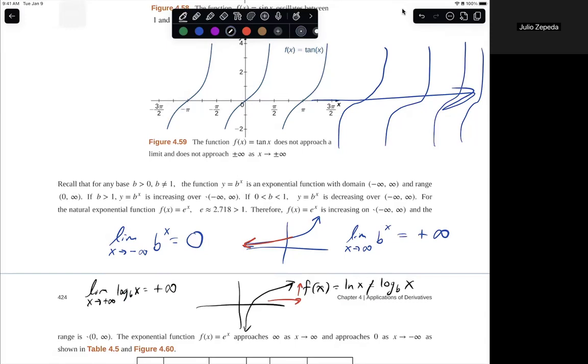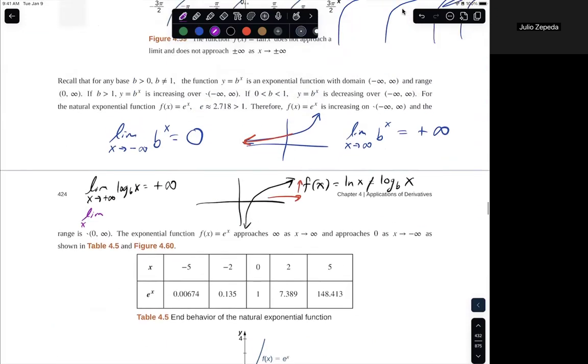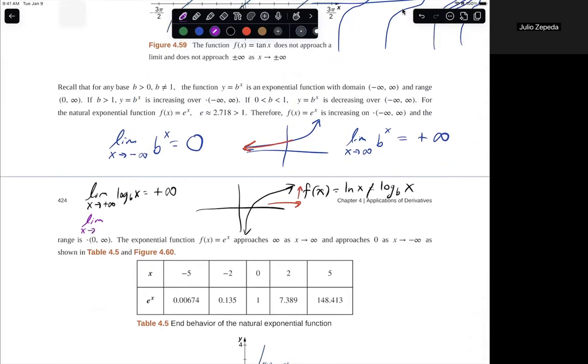And the limit in the other direction, can you guess what the limit as x approaches negative infinity is? Actually, it would not exist, because the function is not defined for x values less than 0. So we could also say that the limit as x approaches 0 from the right of the natural log of x, or log base b of x, is negative infinity.